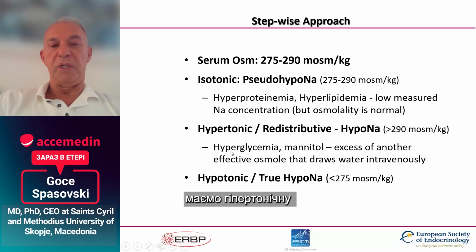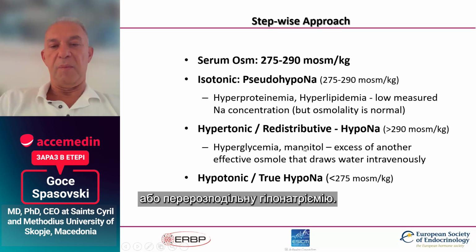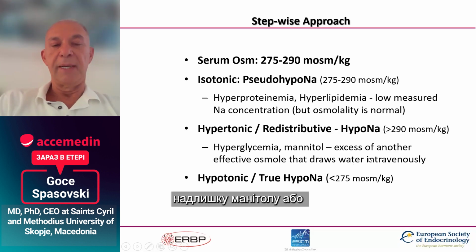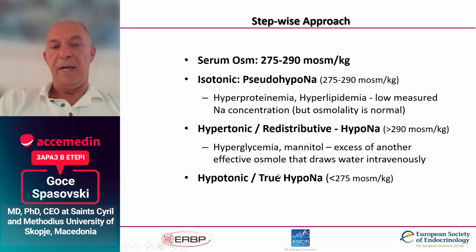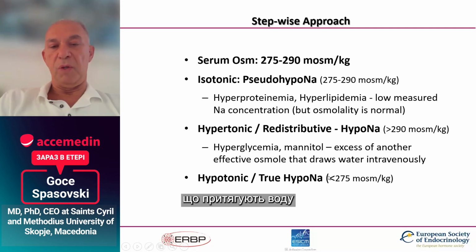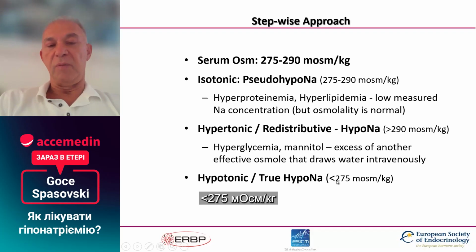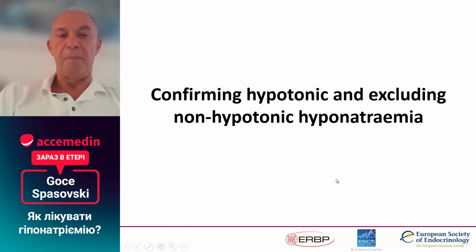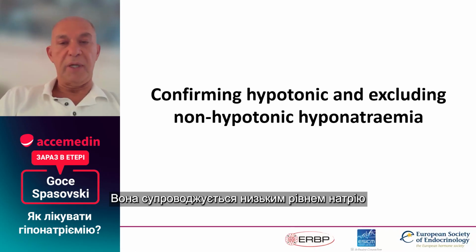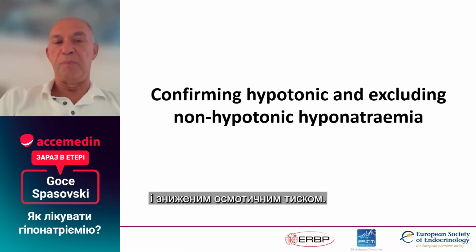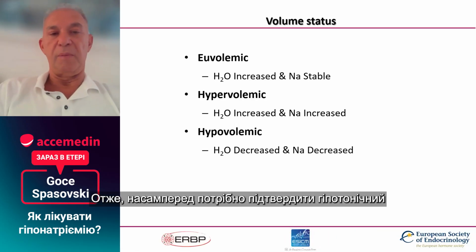It occurs with the presence of hyperglycemia, mannitol, or another excessive osmole that draws water intravascularly. And true hyponatremia, or hypotonic, is the only hyponatremia which is certainly with low sodium levels and low tonicity below 275 milliosmoles per kilogram. So we should first confirm hypotonic and exclude other possible non-hypotonic hyponatremias.